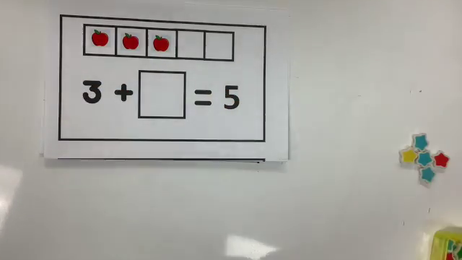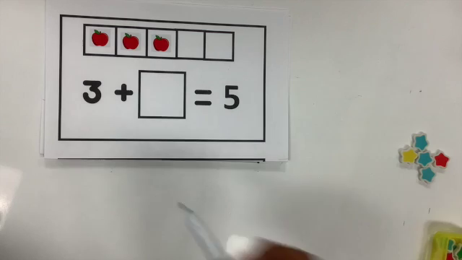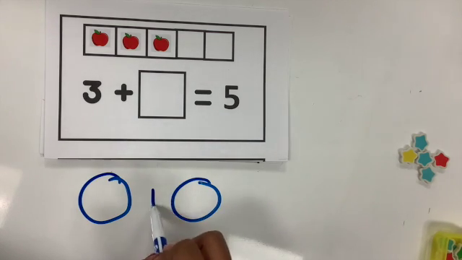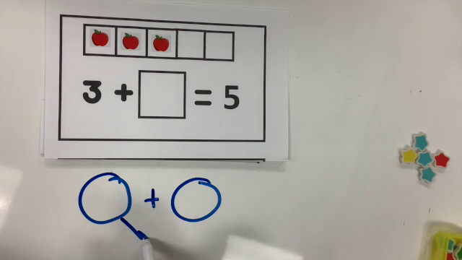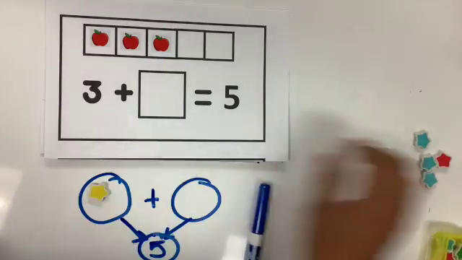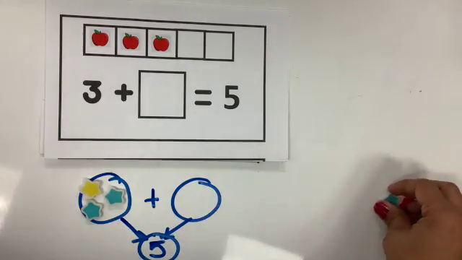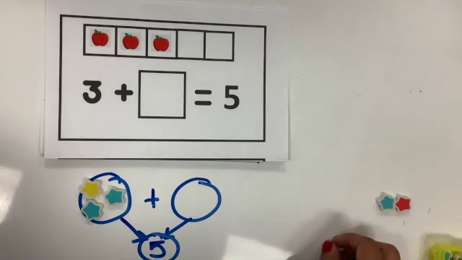If you remember how we did the math with the 2 circles, those are the 2 groups that we are going to put together and make into one whole. So the whole is 5. So here I have 3. 1, 2, and 3.